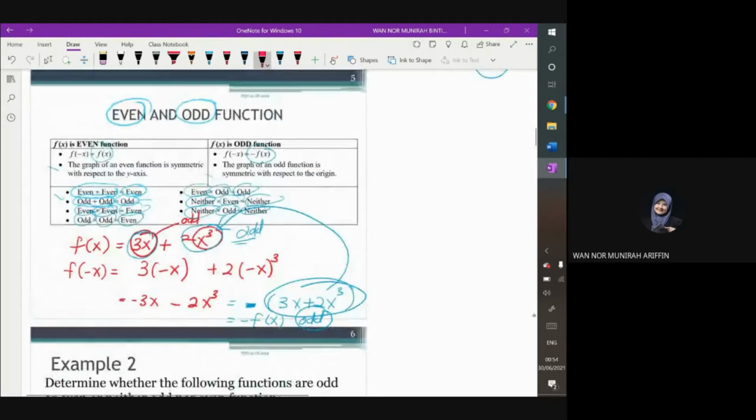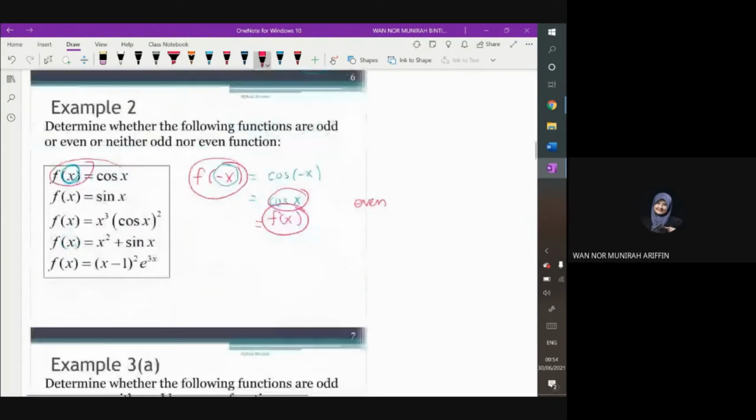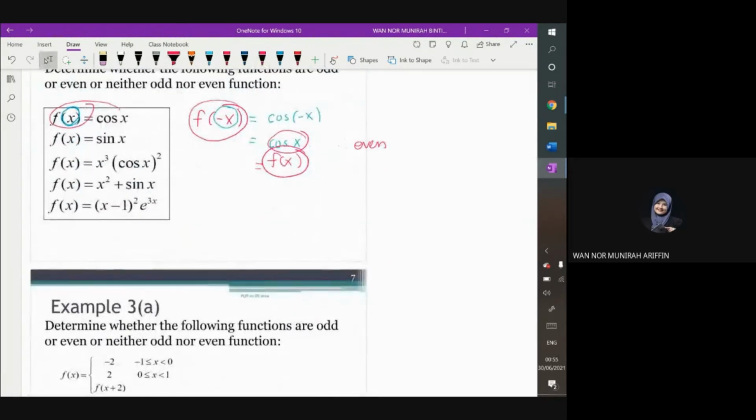This one, done. The second one is about f(x) equals sin x. Then I replace x with negative x, so I will have sin negative x. Sine and cosine are different.